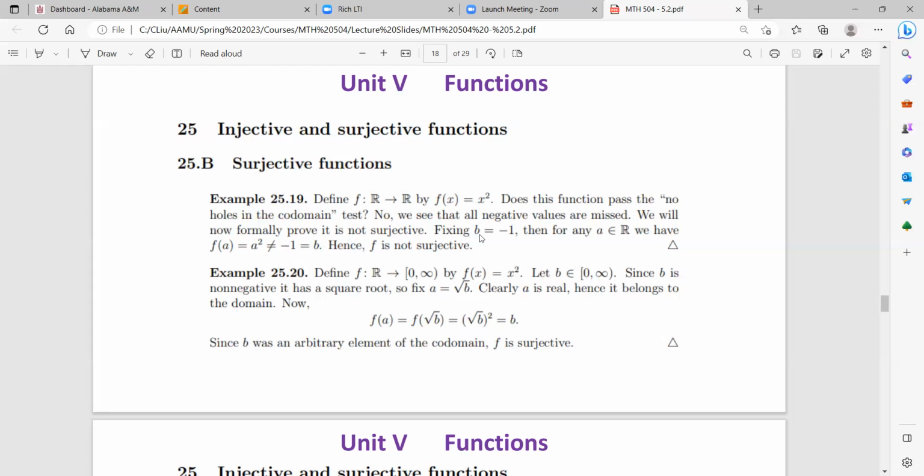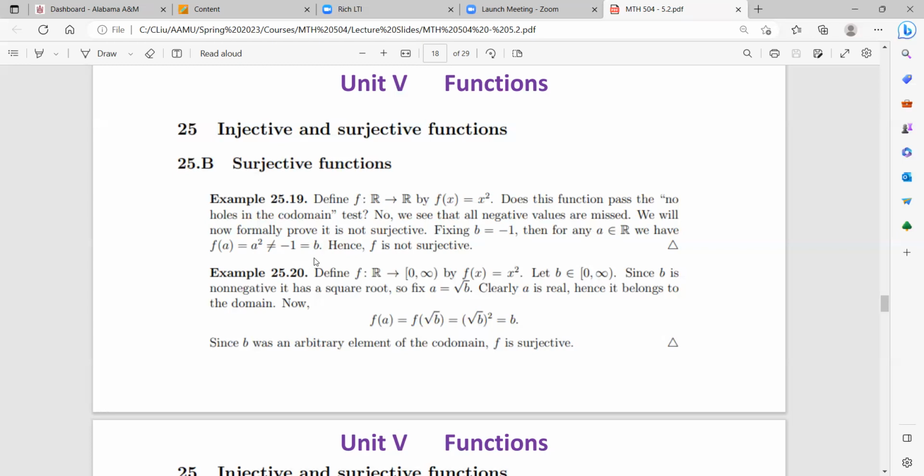So, for example, if you let b equal -1, then you want to find some real number a in the domain such that a squared is equal to -1. And that's not possible. Any real number you square, you cannot get a negative number.